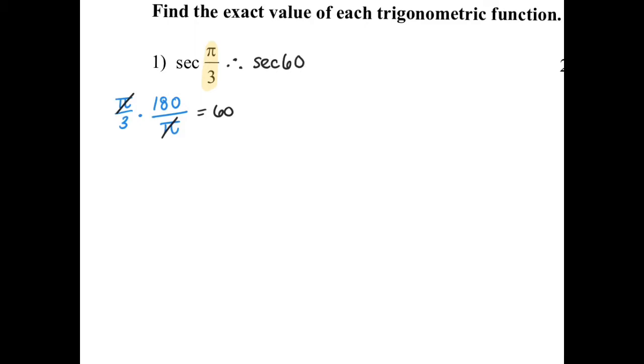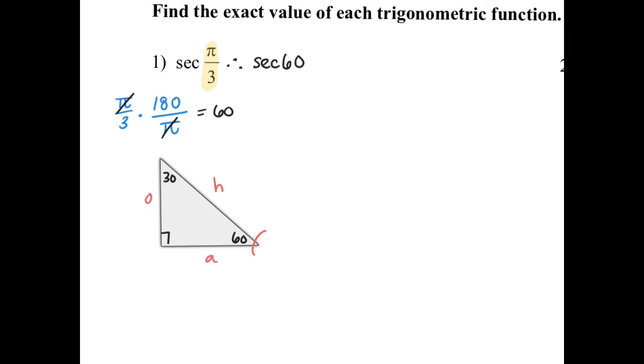Now, when I see 60 and I know that I'm dealing with trig and right triangles, I'm going to say, hey, I know that's one of those 30, 60, 90 triangles that we've been harping on you that you really need to know. So I've got a 60 degree angle and a 30 degree angle. This is the angle I want to consider. When I label this triangle, I have opposite, adjacent, and hypotenuse.